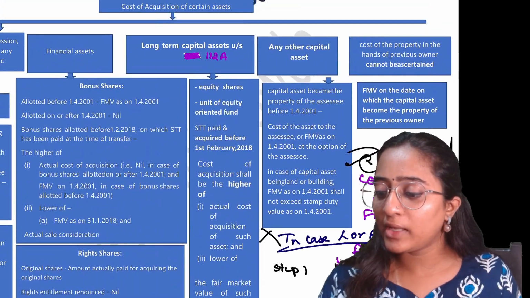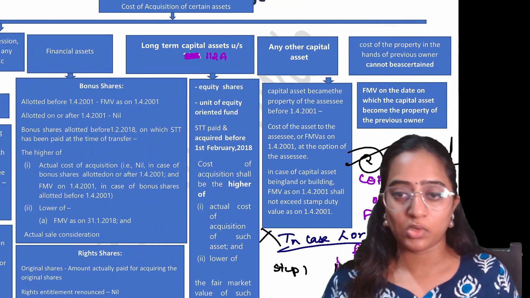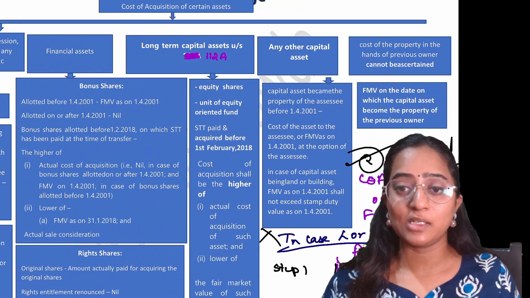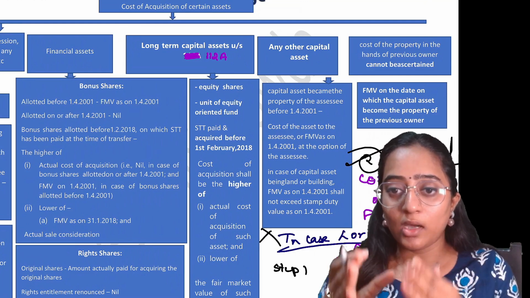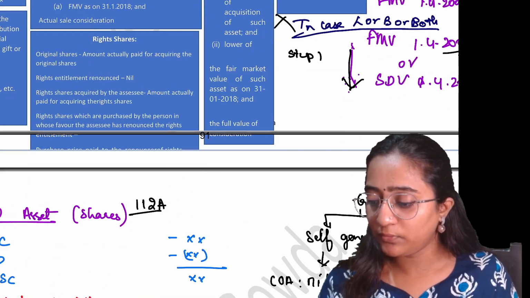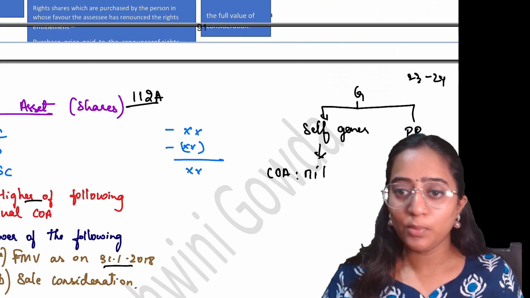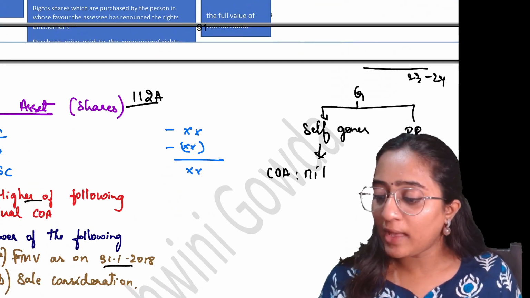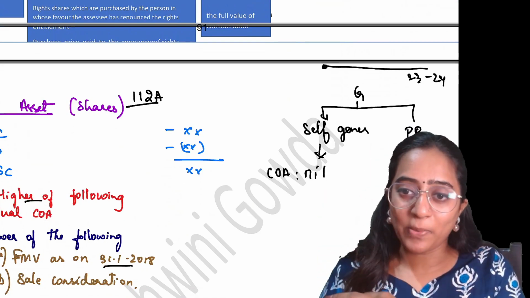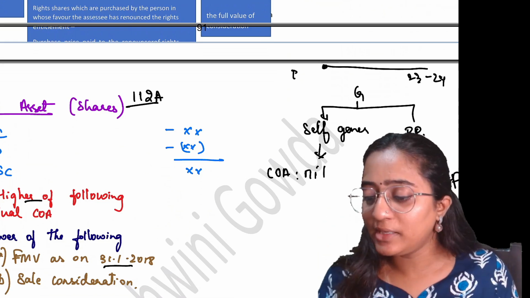And in case where the property has been acquired from the previous owner, and the cost of acquisition cannot be ascertained, you are the person who's selling the property in PY 2023-24. Suppose you have got this property because it was transferred in your name from your parents in PY 18-19.